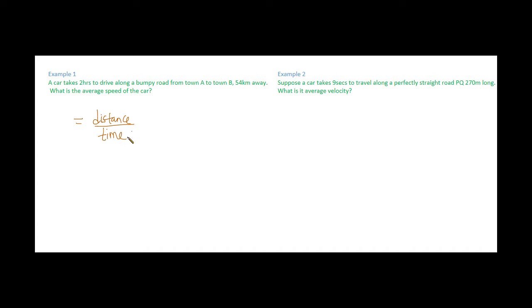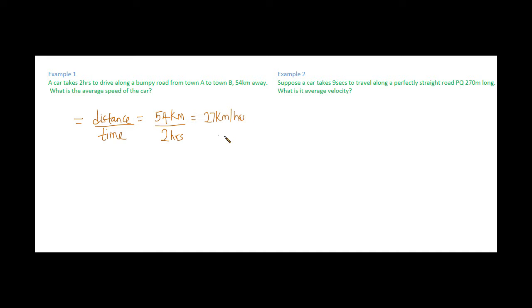We know our distance from the question to be 54 kilometers, and our unit of time is in hours, which is 2 hours. Our final answer is going to be 27 kilometers per hour.